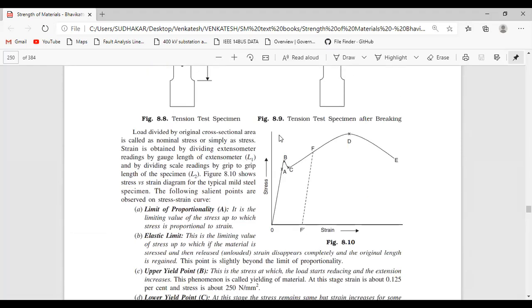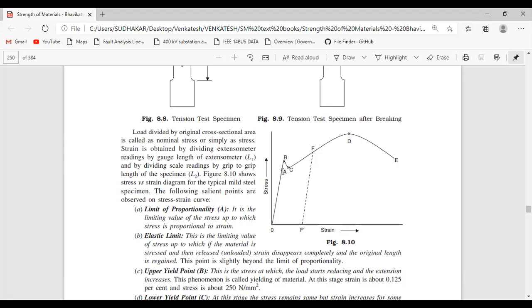This is a very important parameter in the strength of materials, the stress. The y-axis represents stress and the x-axis represents strain. So what is the relation with the corresponding load?